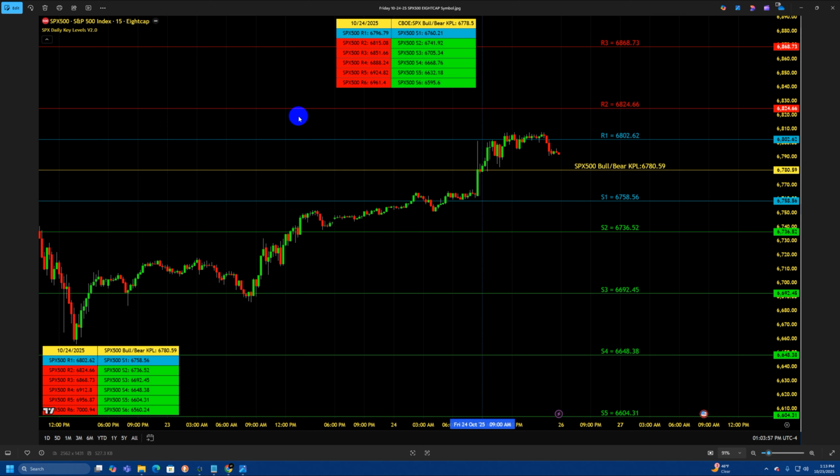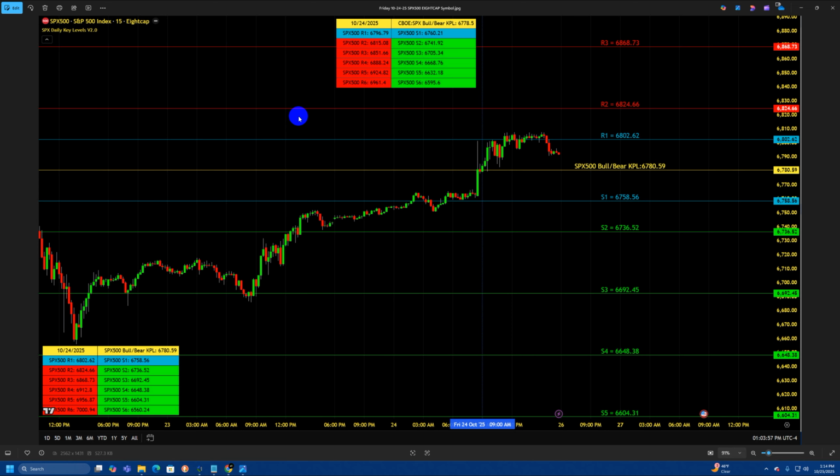In the case of indexes, you're trading CFD versions of the indexes and trying to pass a challenge to get a funded account with one of these companies. That would be another reason. And the third reason would be if you are using the indicator for trading SPX index options.